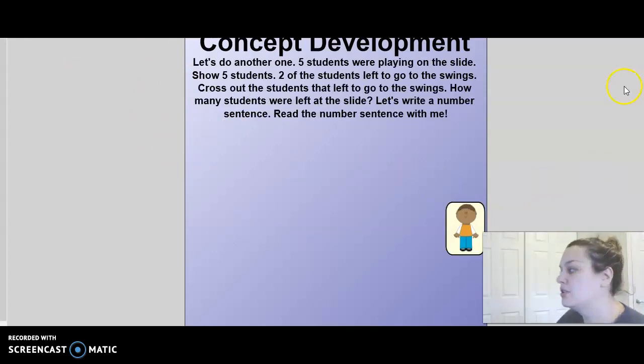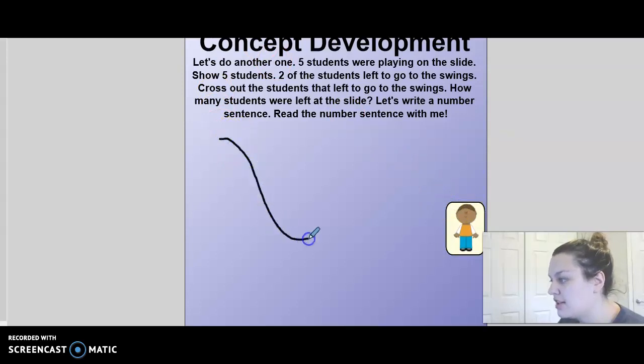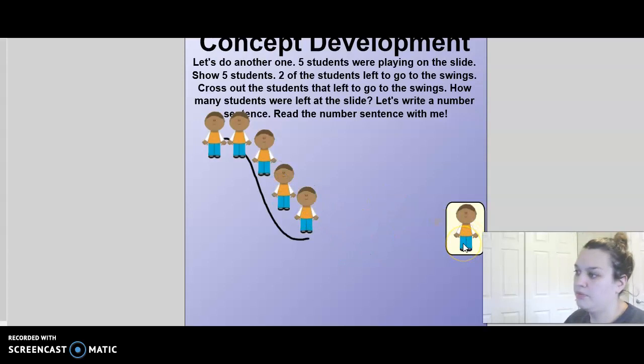5 students were playing on the slide. Here, actually, what I'm going to do is I'm going to draw a slide. We'll pretend that's a slide. 1, 2, 3, 4, 5. Now, we know when we are on our playground, we only go down one at a time.